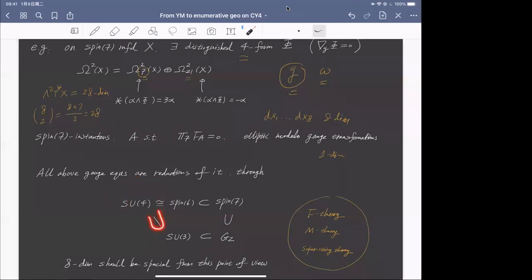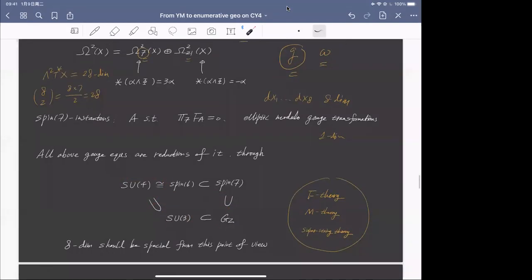SU(4) definitely contains SU(3), which is a dimension reduction from Calabi-Yau 4-folds to Calabi-Yau 3-folds. Spin(7) also contains G2, and G2 manifolds contain Calabi-Yau 3-folds. So from a Spin(7) manifold we can inductively reduce to the Calabi-Yau 4-fold story, the G2 story, and the Calabi-Yau 3-fold story. From this perspective, I want to say that 8 dimensions is very special.